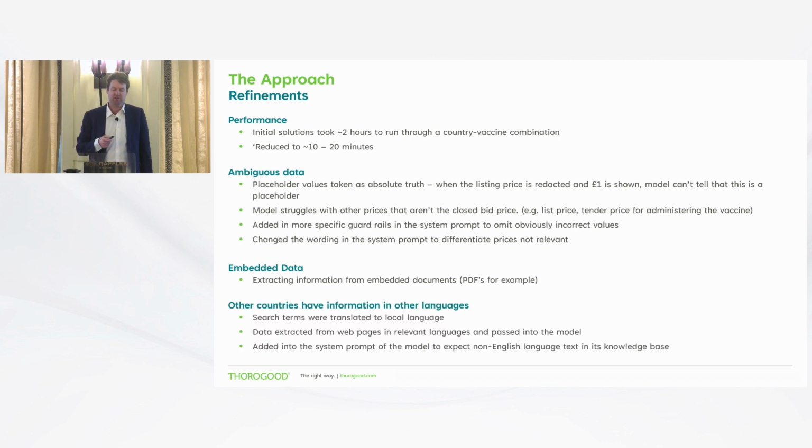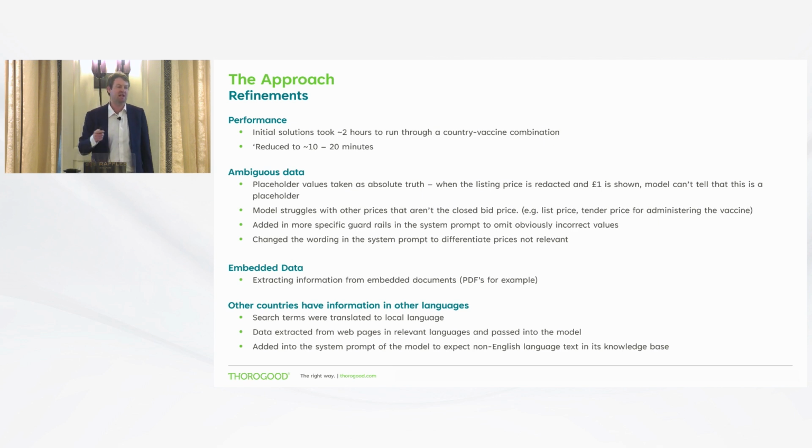The fourth thing that we did is, when we started off, we were focusing on English native countries. However, as I said at the beginning, this is a global company and they operate in a lot of non-English native language countries, in Italy, for example. So we upgraded the model to expect other languages by first of all taking all those search terms in the grid and translating them into local languages.